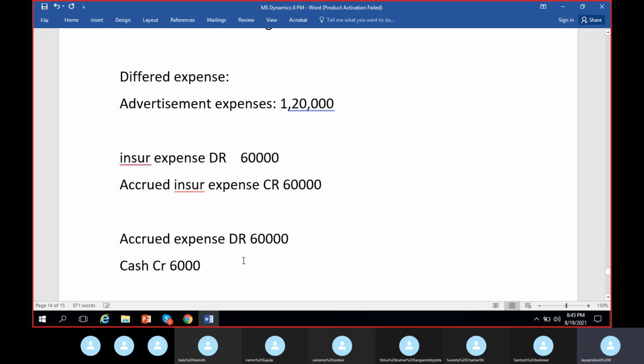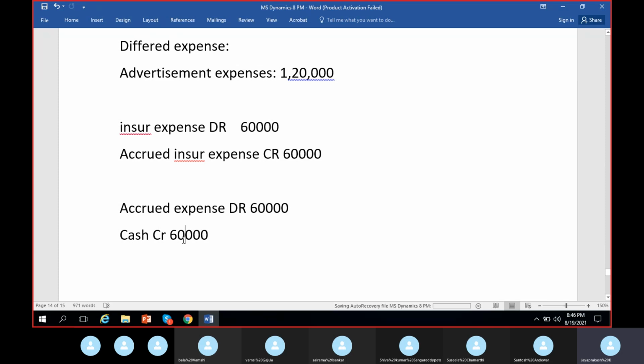Which means we are paying cash. Cash will be deducted from our account. But since cash is deducted, accrued insurance expense will be debited. So you can see both of them will get cancelled. This will be the final entry: insurance expense debit 60,000, cash account credit 60,000.